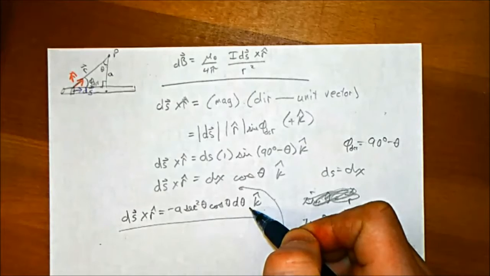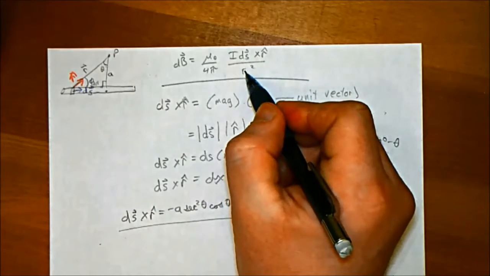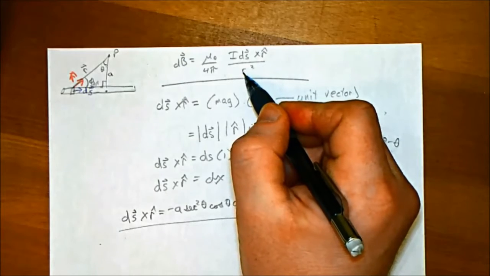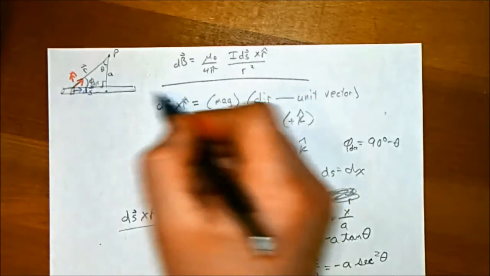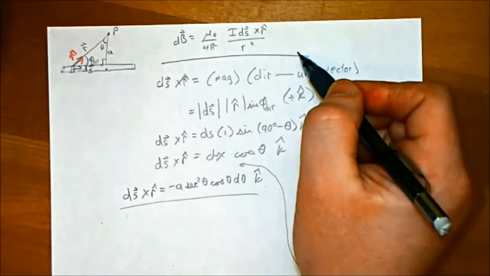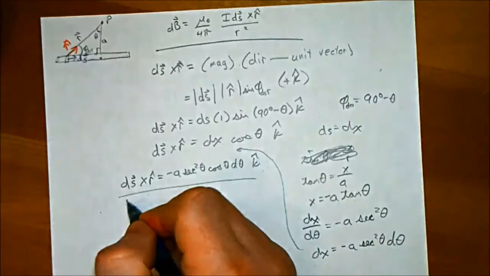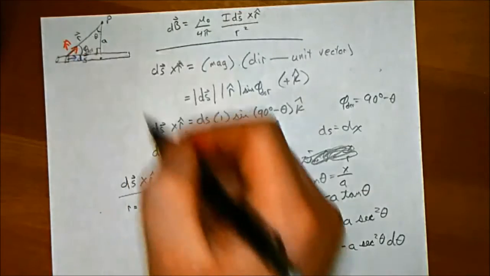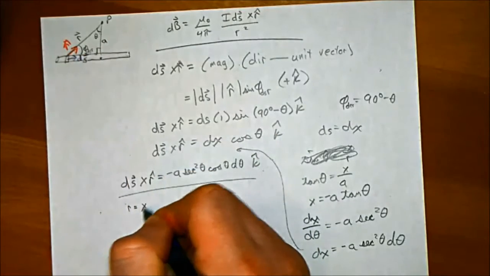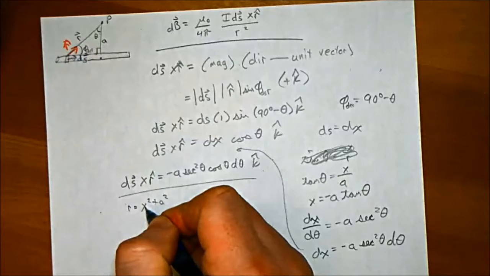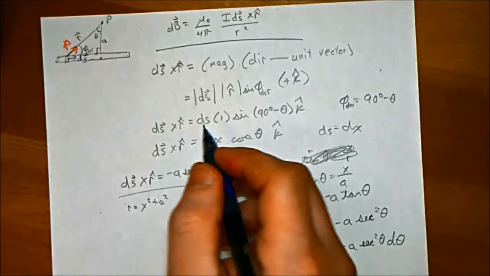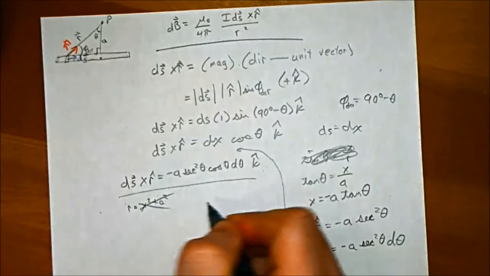We can integrate. Now we've got that r we've got to deal with, because remember, r is a variable. It's changing as you integrate along this wire. So we need to express that in terms of theta as well. So I can say r, the hypotenuse, just magnitude, no direction, is equal to the square root of x squared plus a squared. But now I'm back into the x business again. So I would have to do some more to deal with that. So let's not go there.